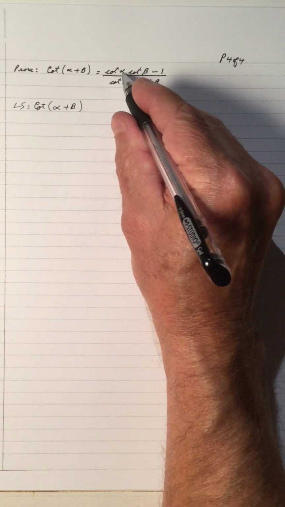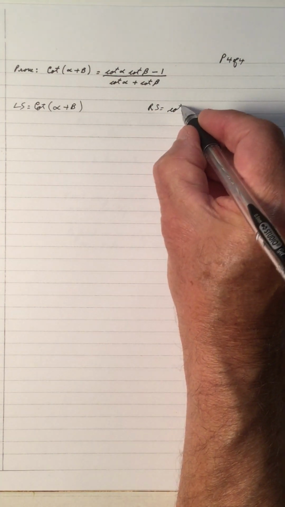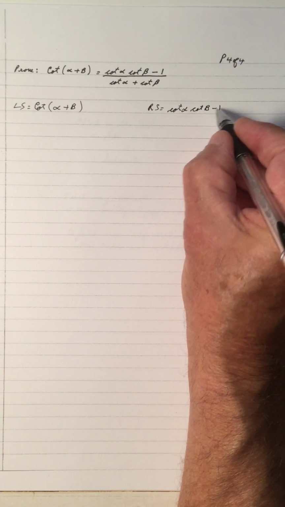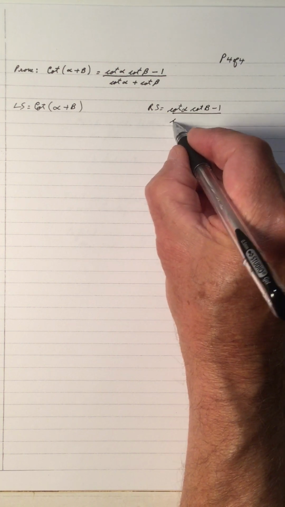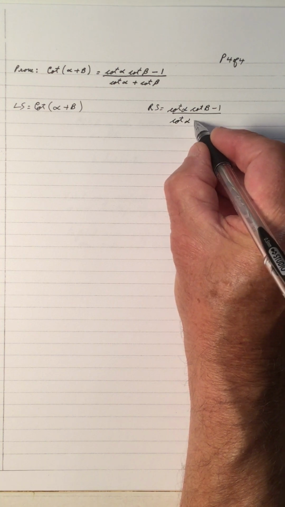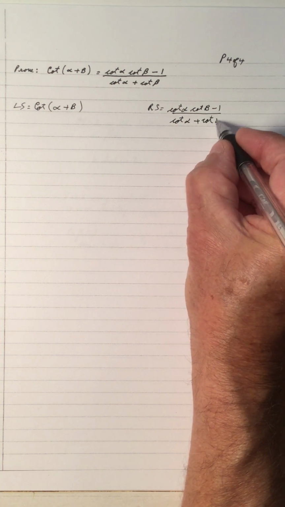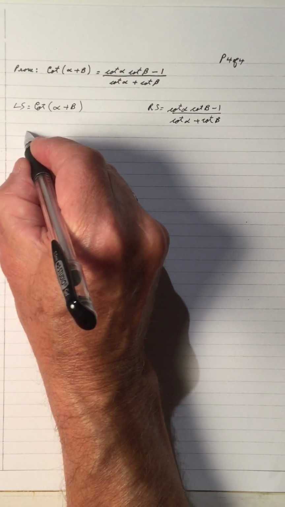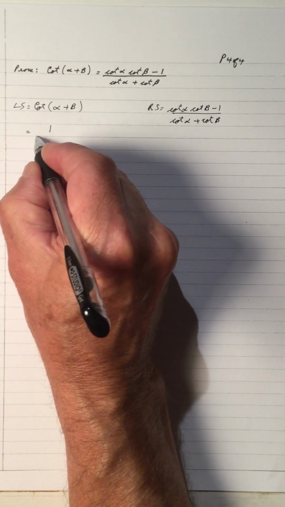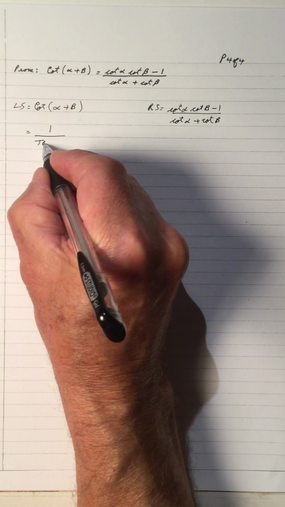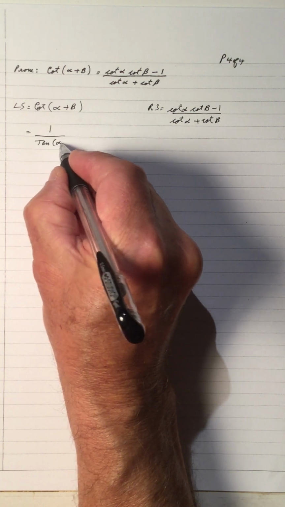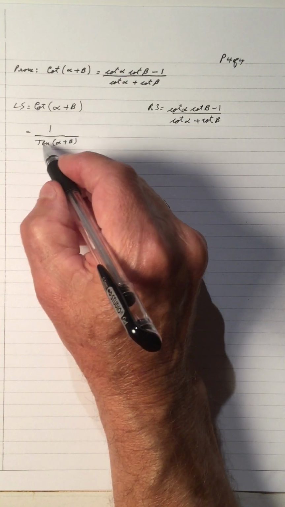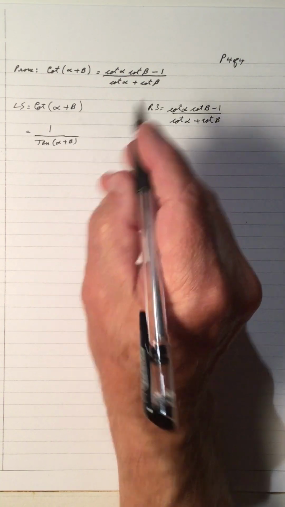The right side is the cot of alpha, cot beta minus 1, over cot alpha plus cot beta. So again, we have the addition formula, but this time cot is 1 over tan. Cot is the reciprocal. So cot is 1 over the tan of alpha plus beta.